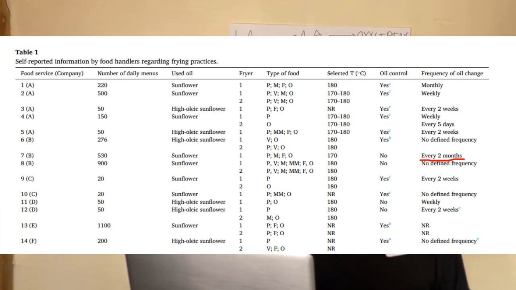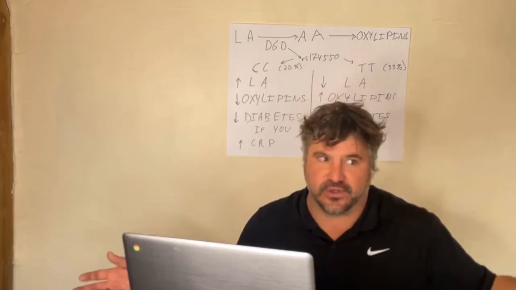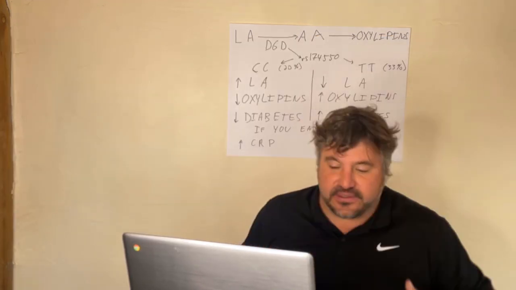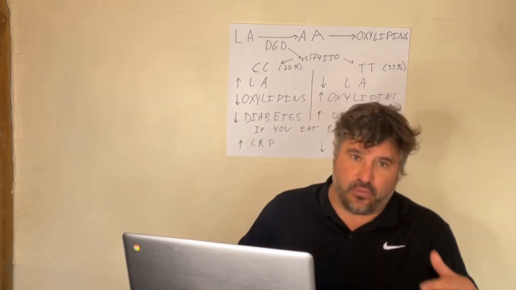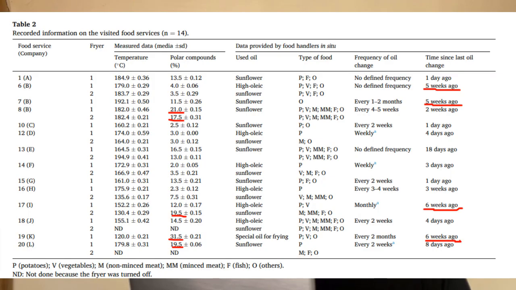Basically the results are like every 2 weeks, once a month, every 2 months, some of them said, and then a lot of them were no defined frequency, just kind of like whenever. We change the fryer oil whenever. And then there's a separate table where they asked, when was the last time you changed the fryer oil? And some of them were like 5 weeks ago.